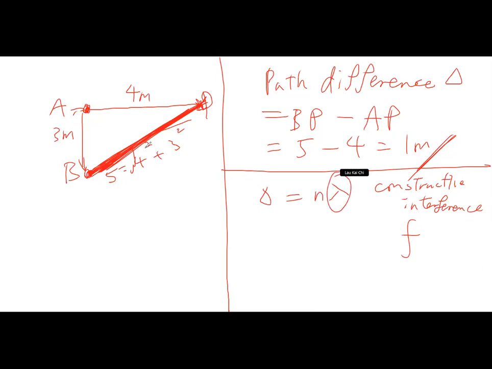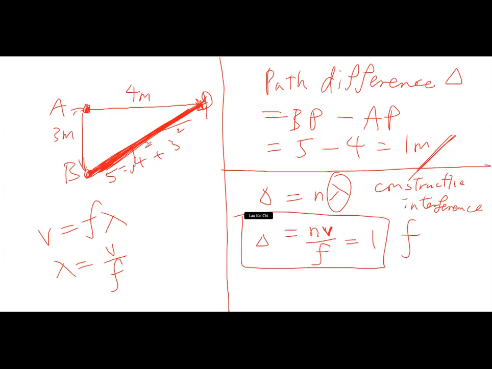So what we can do is use this equation, v equal to f lambda, right? So I can change the subject into lambda equal to v over f, isn't it? So that means you may choose n v divided by f equal to 1. So v would be given, and n are integers. So from this, you may find out all possible frequencies. Is it okay?